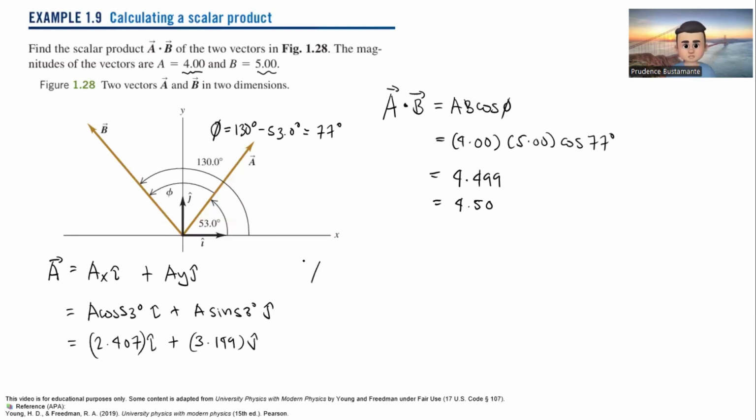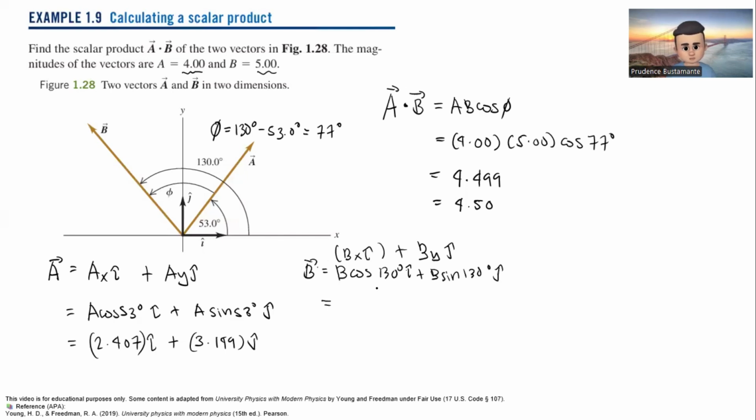For B, we have B cosine of 130 degrees i hat plus B sine of 130 degrees j hat. So this is Bx i hat plus By j hat, just like this.